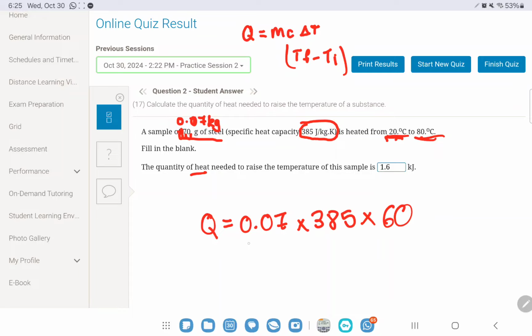Put all this in your calculators. When we put all this in our calculator, we're going to get Q equals 21617. Now they want the quantity of heat needed to raise the temperature of the sample in kilojoules, which means we go back 3 spaces. Equals 1.6.